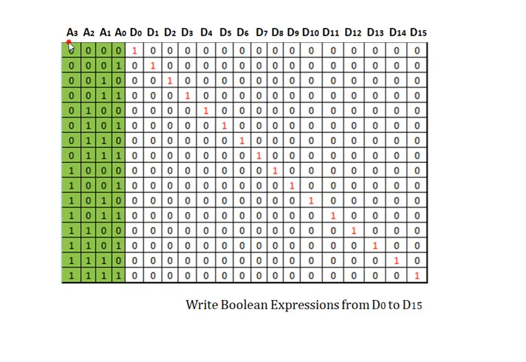So for 8 cases A3 is 0, for the remaining 8 cases A3 is 1. So first one, if this is the input, 0 0 0 0 means D0. So here I am placing 1 and the remaining are all zeros.